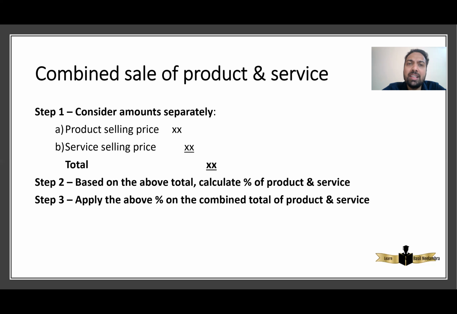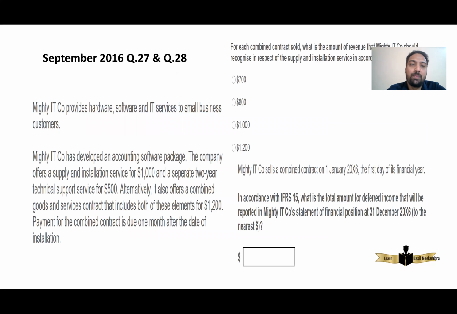Now, once you have found the total amount of separate product and service, calculate the percentage of product and service, and apply the above percentage on the combined total of product and service. Let's look into a past ACCA financial reporting question to understand this concept that we just learned.